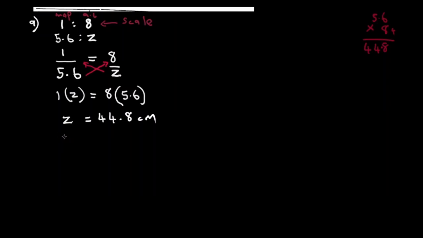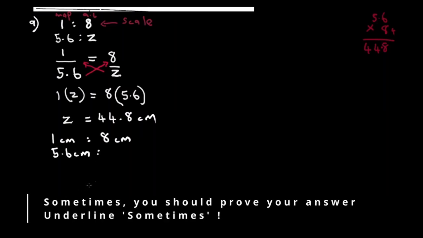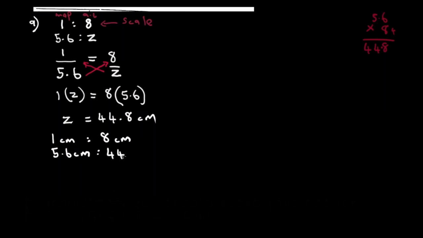This answer means that when 1 centimeter on the scale is representing 8 centimeters, the actual length, right? 5.6 centimeters on the map, the scale length, will be representing 44.8 centimeters, the actual length, which is on the actual ground.